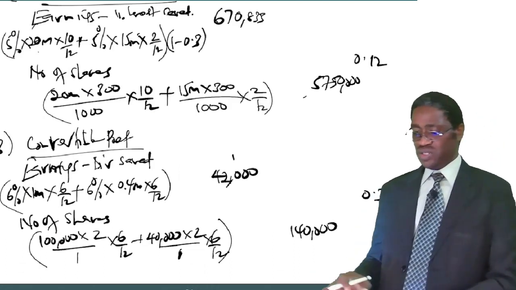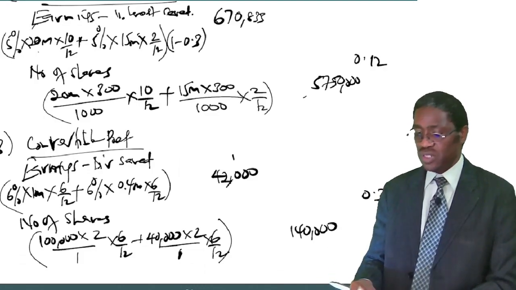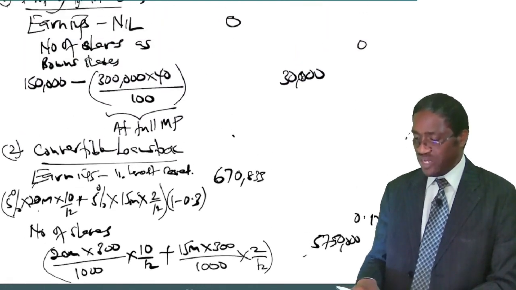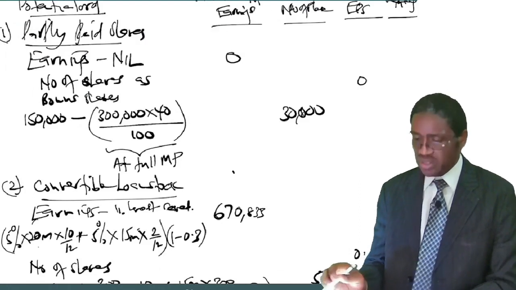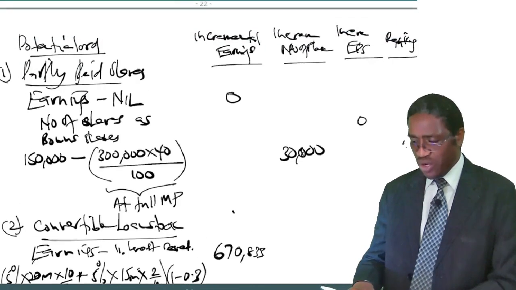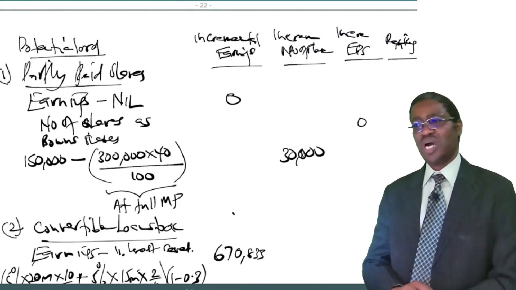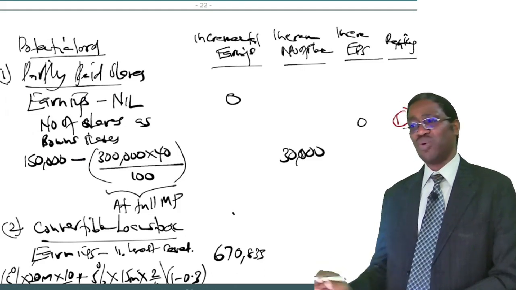Okay? So how do you rank them? Starting with the most dilutive. And we said the most dilutive is the one with the lowest incremental earnings per share. And it seems to be partly paid. That will become number 1.